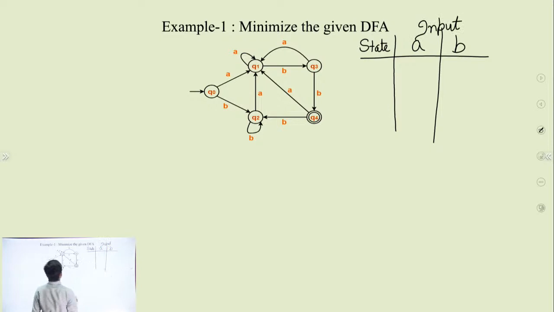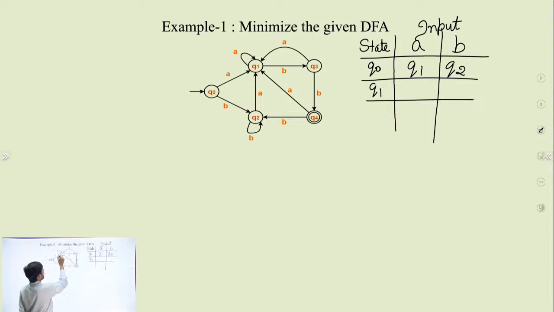Now state Q0 on input A goes to state Q1, and Q0 on B goes to Q2. Now take state Q1: on A goes to Q1 itself, and Q1 on B goes to Q3.